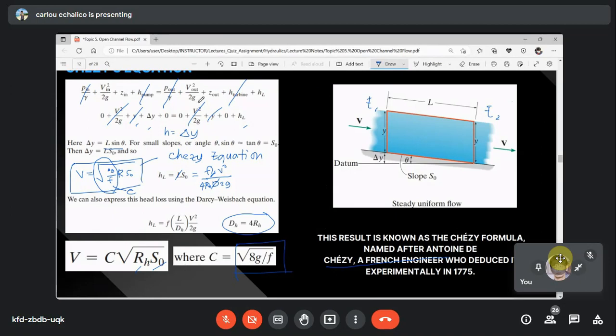So remember, when getting discharge or velocity in a channel, the formula is: velocity is equal to C square root of R_H S0, where C is equal to the square root of 8g over f. As for the other ways to get C, I will discuss that later.